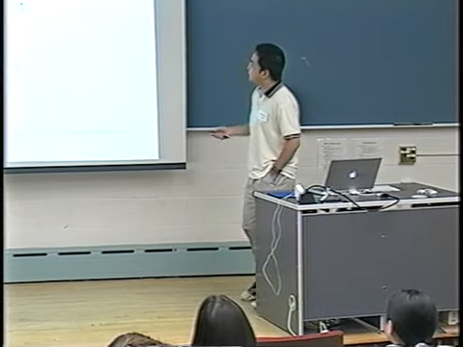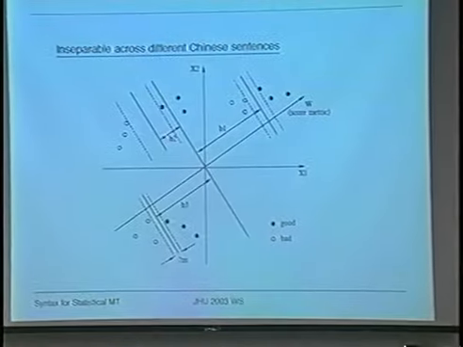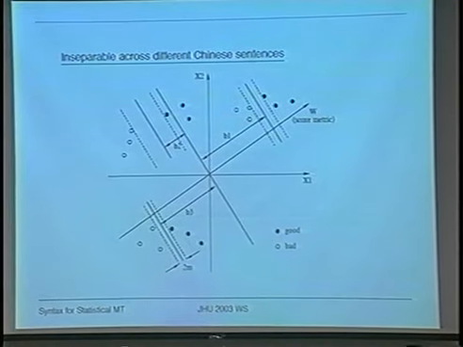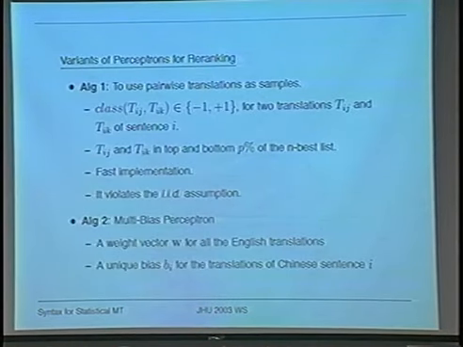And the idea is that for each Chinese translation, we need a distinct bias for them. And actually, we have used two algorithms to handle this. The first is commonly used in machine learning tasks, which means that we use pairwise translations as an example.